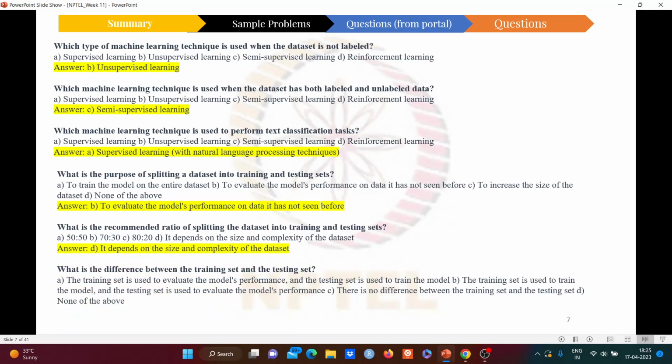The ratio depends on the size and complexity of the data set. But in general, with larger data sets, we go for 70 is to 30 or 80 is to 20. Then this is the last one. What is the difference between the training set and the testing set?